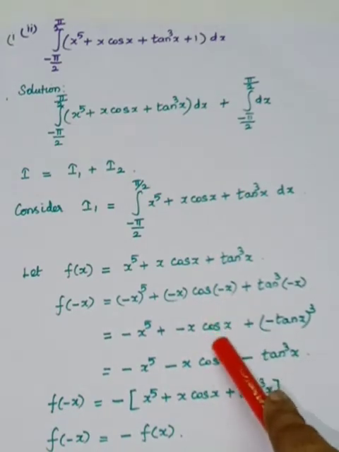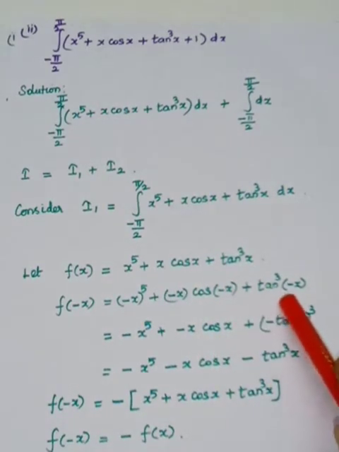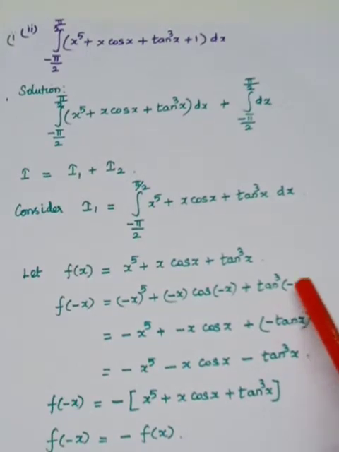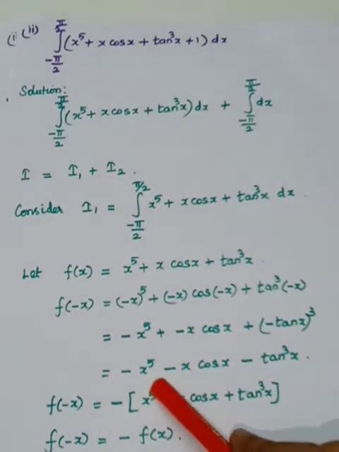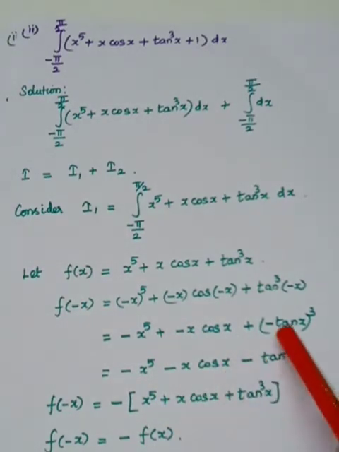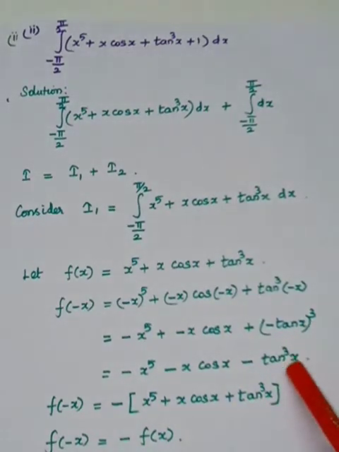What is it? Cos theta. So cos of minus x is cos x. Then tan of minus x the whole cube. Tan of minus x is minus tan x, so (minus tan x) the whole cube. So minus x power 5 and plus minus x cos x, and (minus 1) the whole cube is minus, so minus tan x the whole cube is minus tan cube x.